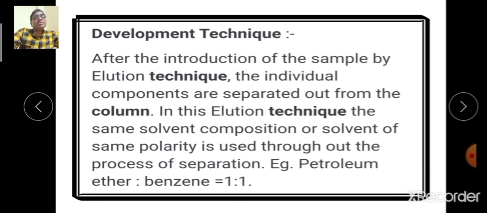After introducing the sample into the column, the components are developed by using the elution technique. The individual components are separated out from the column by this elution technique. This technique involves the same composition of solvent, of the same polarity, used throughout the process of separation.